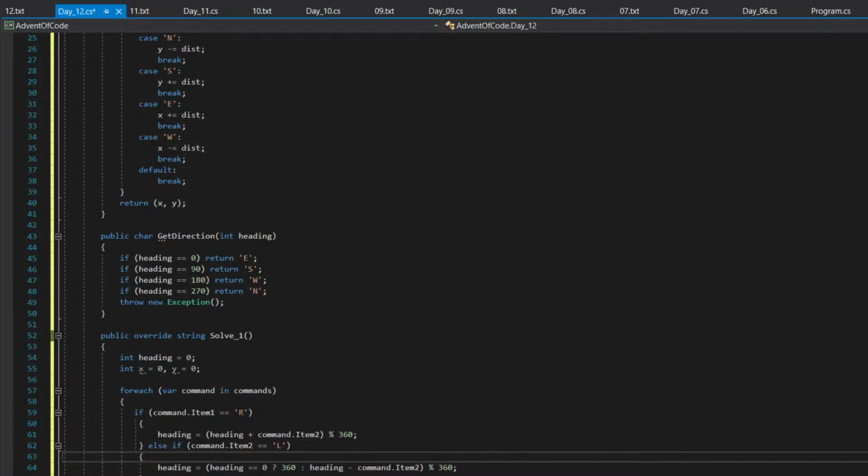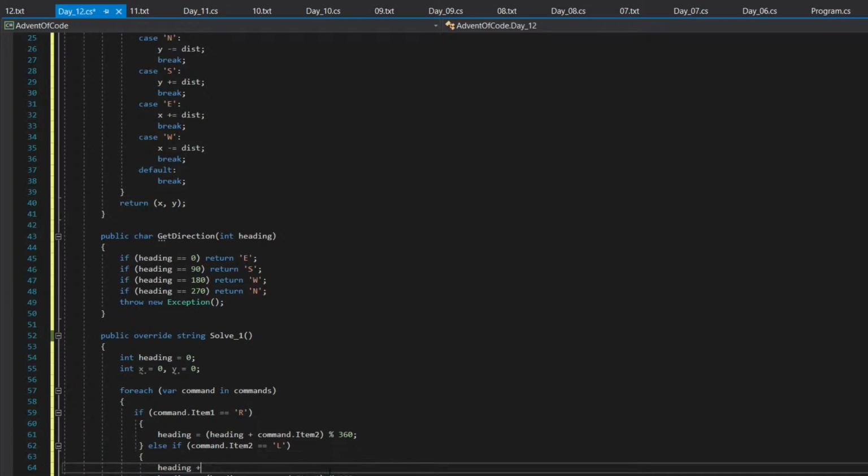And do we still want the absolute? So if we had 90 and we got 180, I guess we can add 360 to make sure this works out. All right, command.item 1.